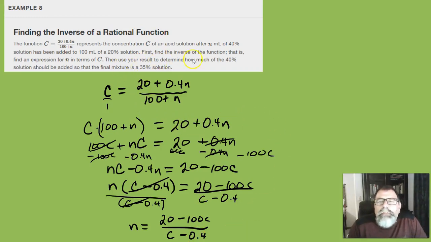Now use that result to determine how much of a 40% solution, so that's the concentration rate. N is the number of milliliters.